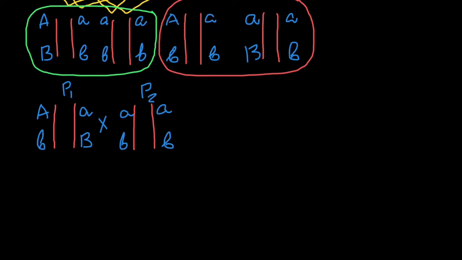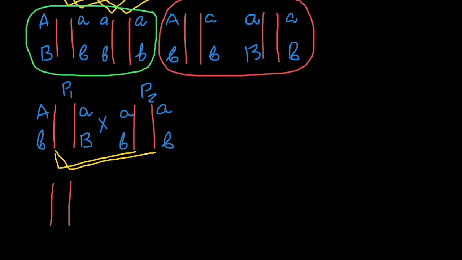Now let's imagine that no recombination is going to happen. First variant would be that parent 1 would give this chromosome and parent 2 is going to give this chromosome. Again, we can also combine these chromosomes and we are going to get the same picture, the same genotype.